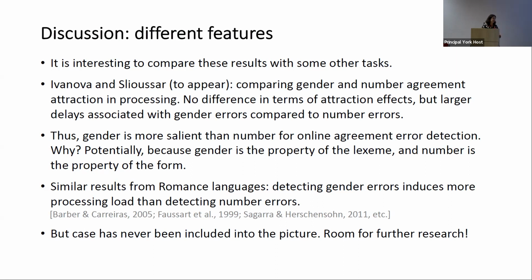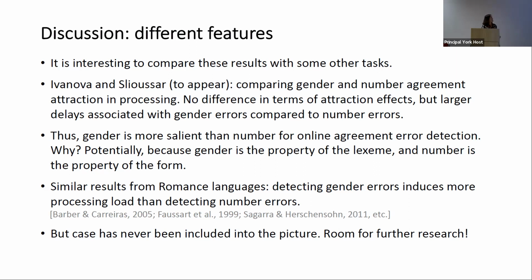So it's not the case that gender is always less salient than number. It really depends on the task, whether you react to agreement attraction errors online, or you try to attach a participial modifier a little bit later.